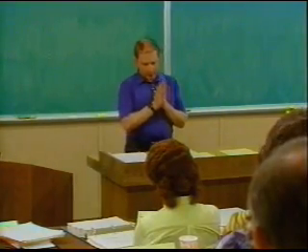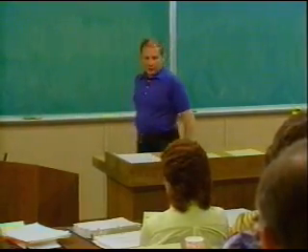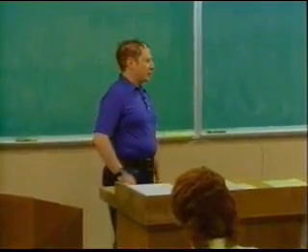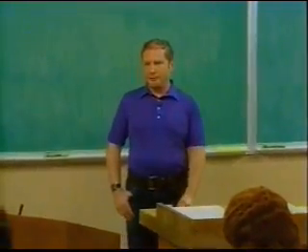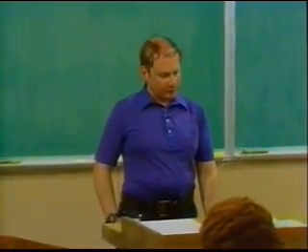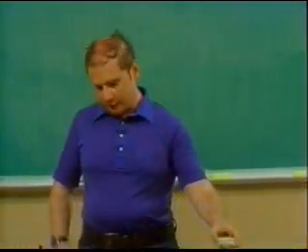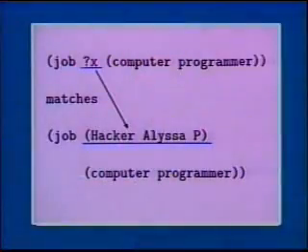Okay. Let's start. The primitives. Well, there's really only one primitive. And the primitive in this language is called a query. All right, a primitive query. Let's look at some primitive queries. Right, job X. Who is a computer programmer?